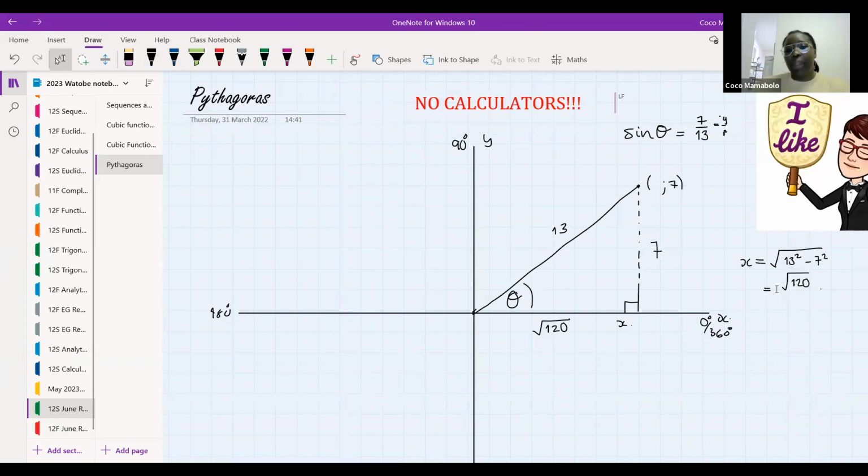We've done it before. The issue now starts when they say to us that the sine of theta is equal to negative 7/13. And they say to us that theta lies in between the values 180 degrees and 360 degrees.